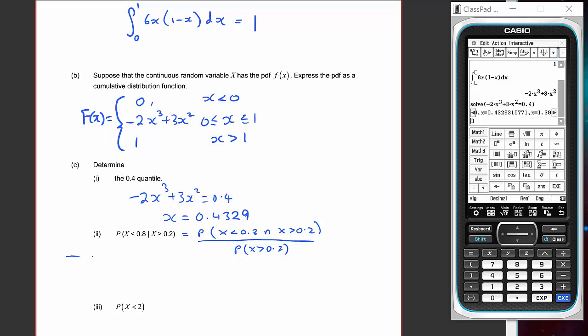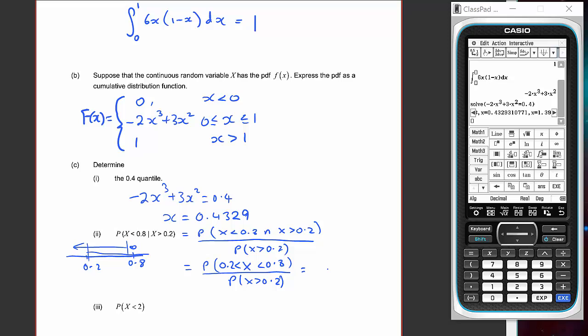Now if it's less than 0.8 and greater than 0.2, then it's in between. So that's the probability that x is between 0.2 and 0.8 over the probability that x is greater than 0.2.